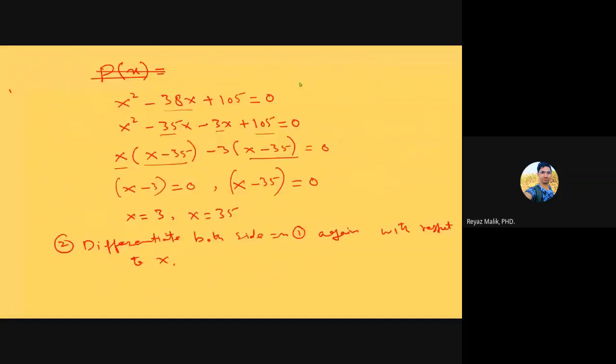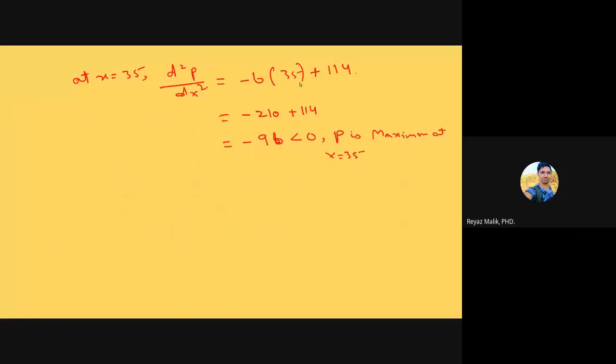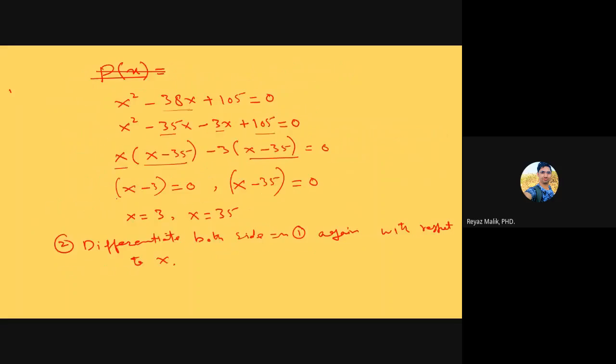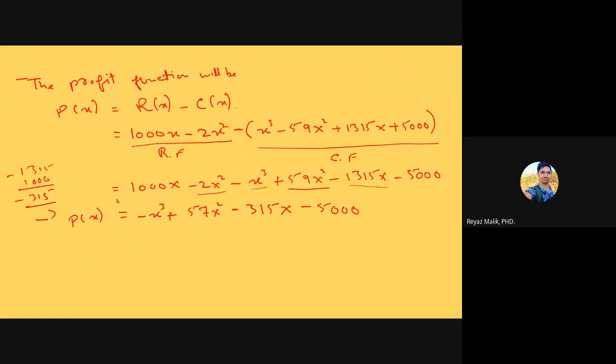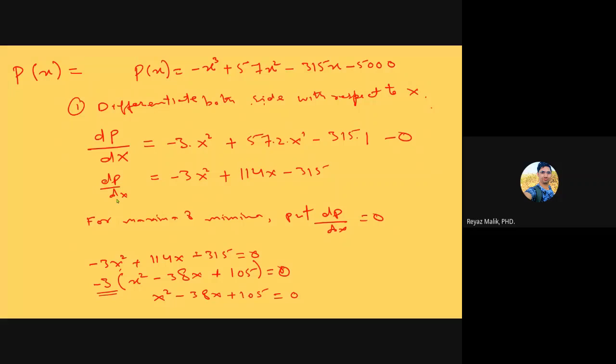Minimum you do by yourself. Now we need to go to the original equation, this top equation. In this, we need to substitute the value of 35.